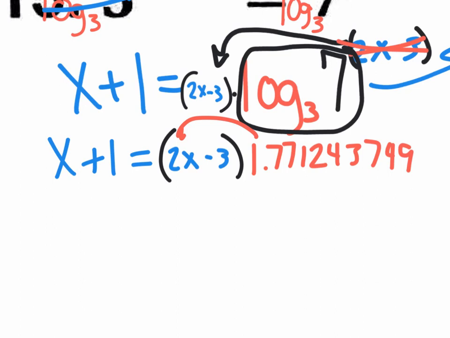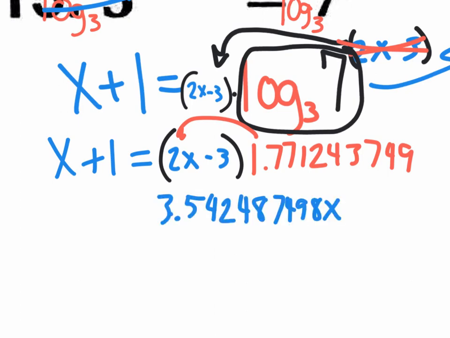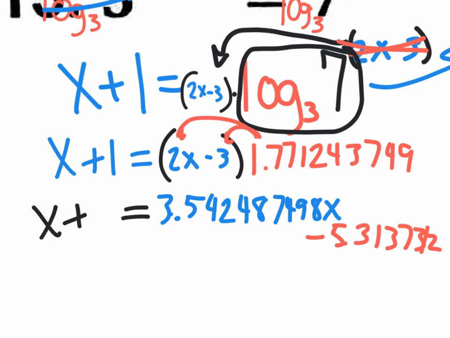That'll give me a crazy decimal. And then if we distribute that irrational number times negative 3, we'd get a negative 5 point something, that nasty irrational number. And of course on the left side of the equal sign, you still have the x plus 1.